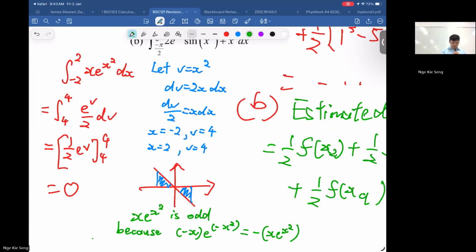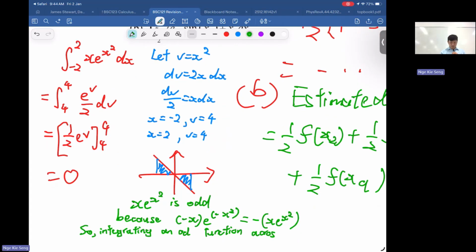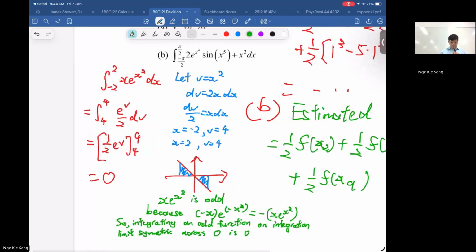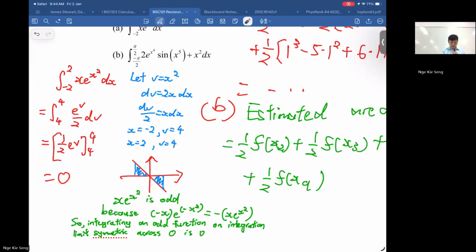So integrating an odd function across 0 is 0. So far so good.